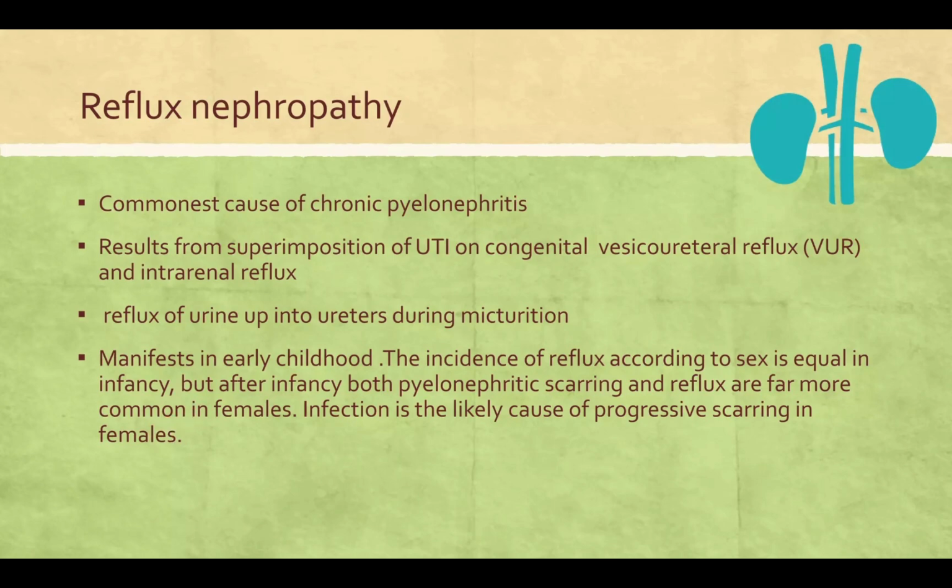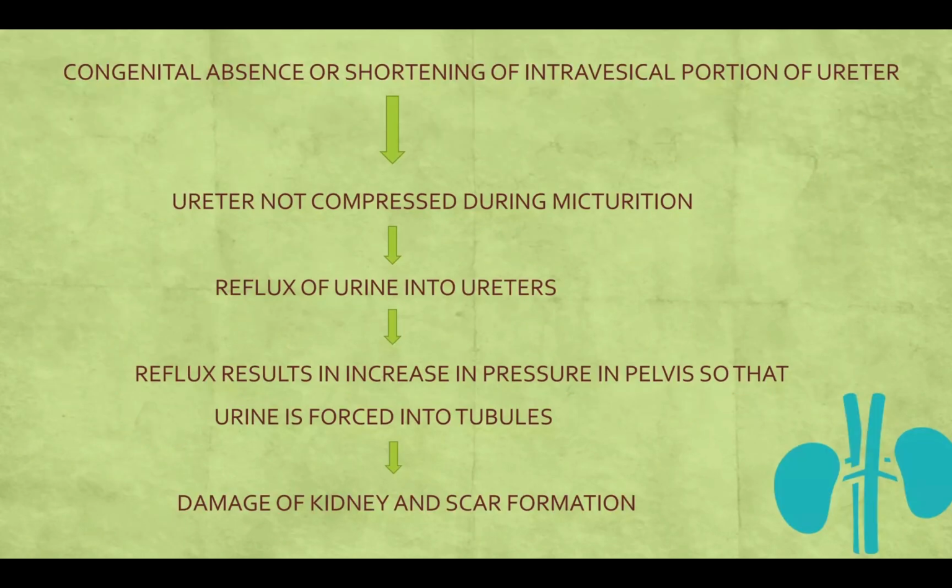Let us see further about chronic pyelonephritis, which is the congenital absence or shortening of the intravesical portion of the ureter. Here we are seeing how the damage of the kidney and scar formation occurs.